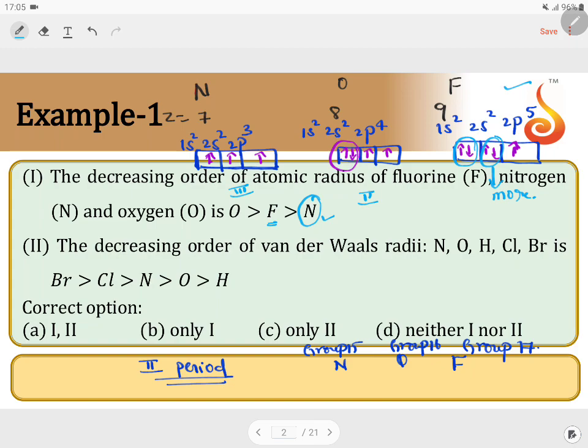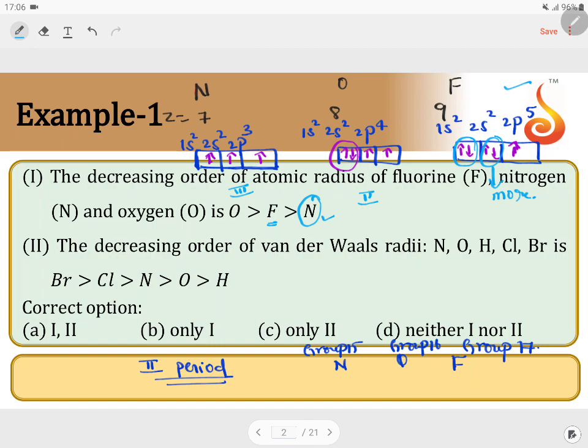Therefore, oxygen will be highest. Why oxygen will be highest? Because it's a small size atom. There is one electron which is getting paired up. There is a repulsion between the electrons. When the repulsion between the electrons is there, the orbitals are slightly getting expanded. When the orbitals are getting expanded, definitely atomic radius increases.